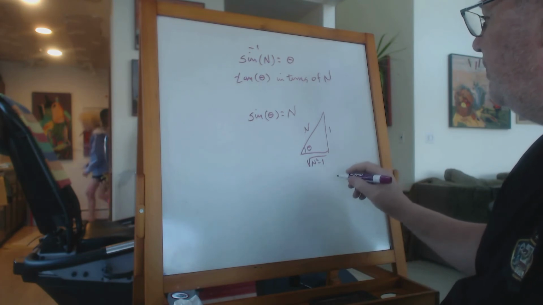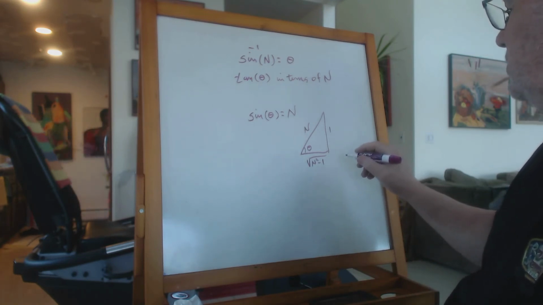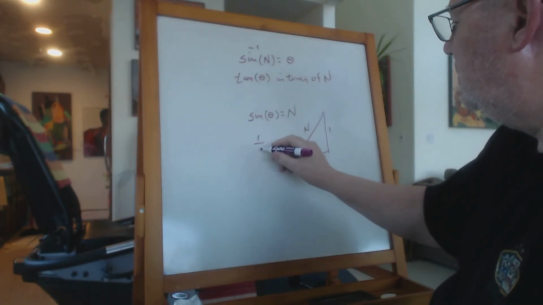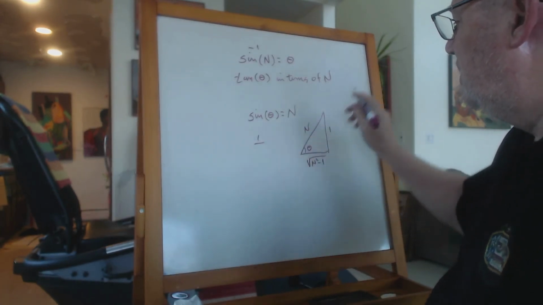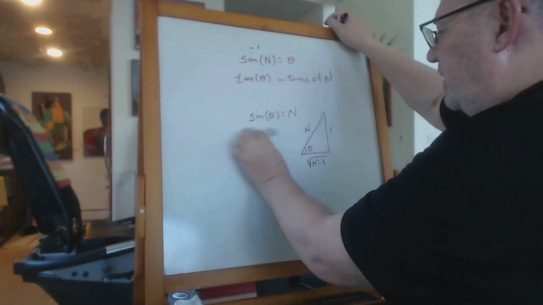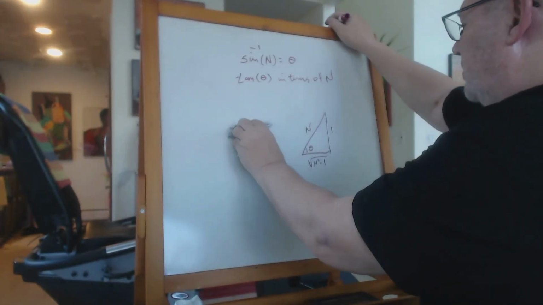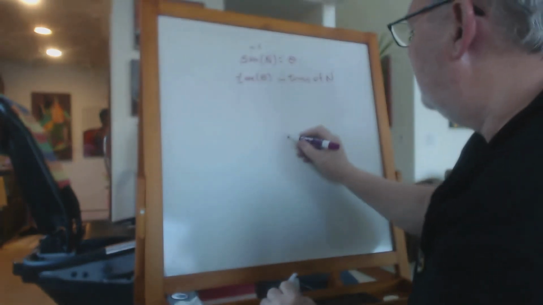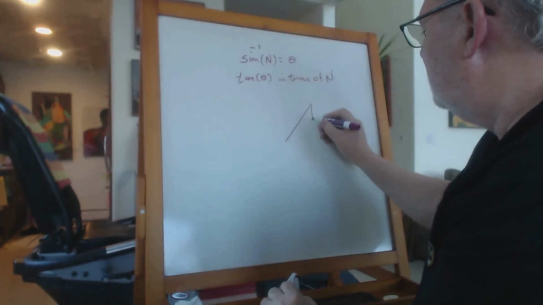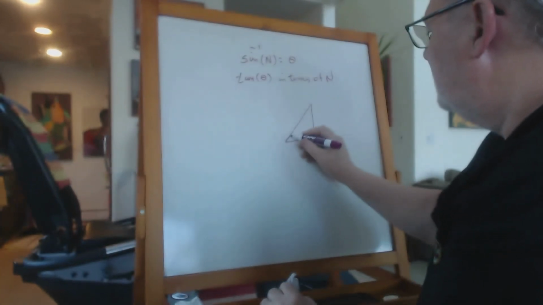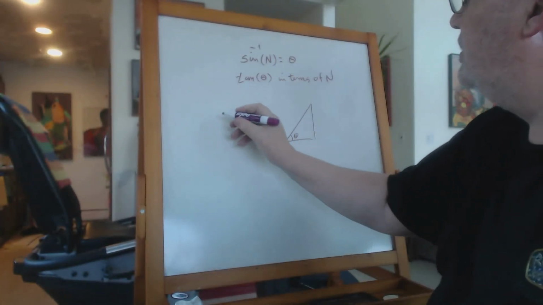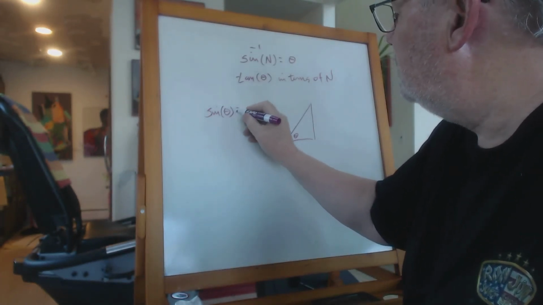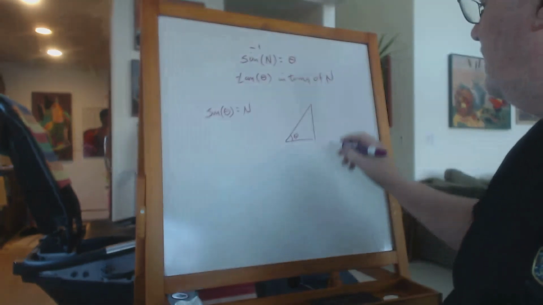So, oh, wait a second, let's see. I drew this too quickly, I went too quickly here. Let's take a look at this real quick. We redraw. We got theta. We know that the sine of theta is equal to n. Okay.